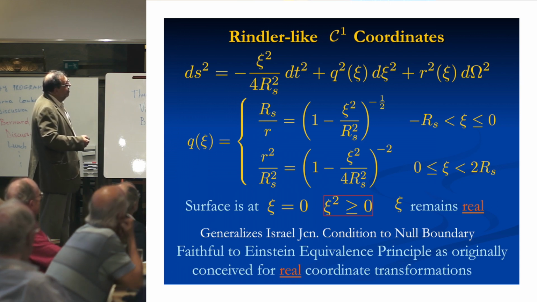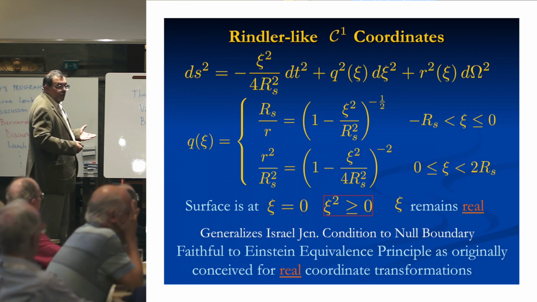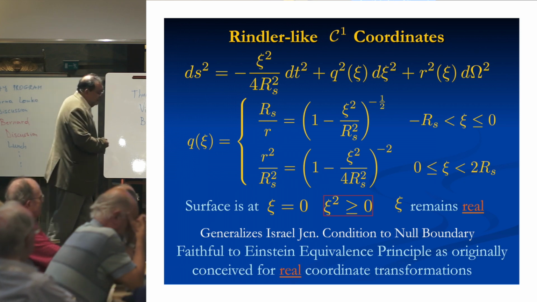In other words, the metric and the first derivative of the metric are continuous, and the discontinuity in the second derivative is just measuring the transverse pressure and the surface tension. So I would say this is faithful to Einstein's equivalence as he originally conceived it for real coordinate transformation. There's no analytic continuation here.